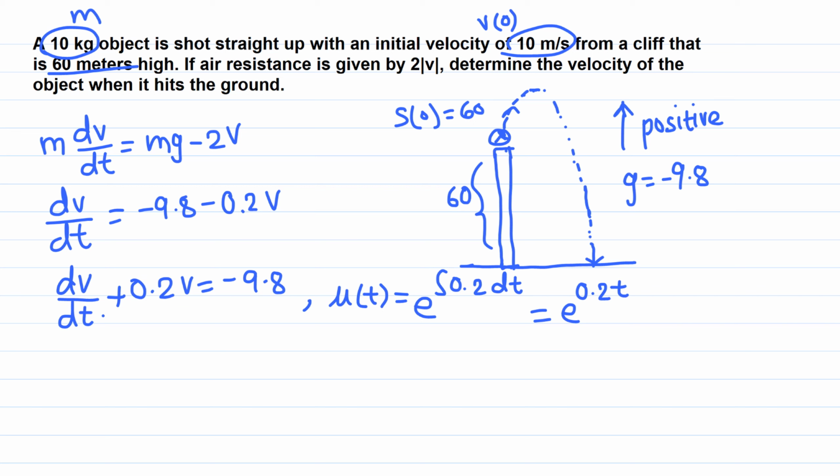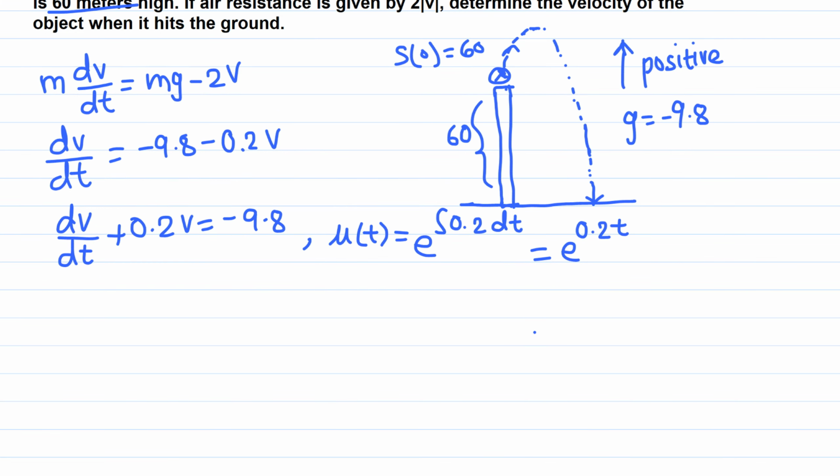Now we multiply this differential equation on both sides by this integrating factor, and the left hand side automatically becomes the derivative of v times e raised to 0.2 t, equals, on the right hand side, negative 9.8 multiplied by this integrating factor.